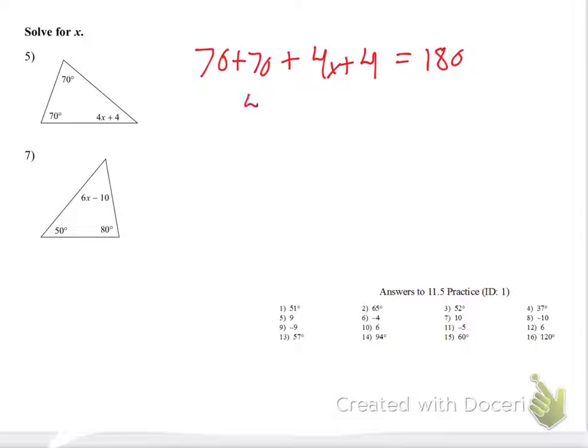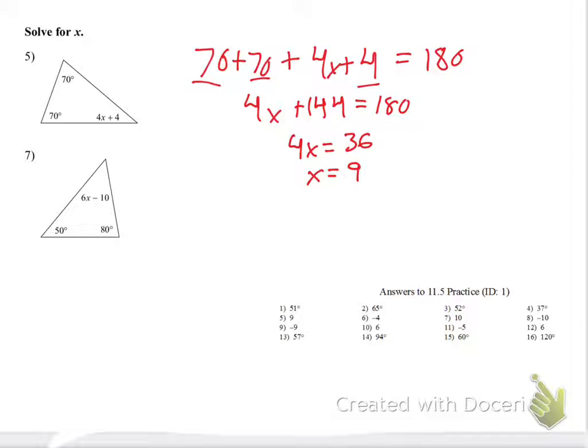So that would mean, I'm going to combine like terms, so I'm going to combine all the numbers. So that would be 144. So 4x plus 144 is equal to 180. Then what I'm going to do, 180 minus 144 is equal to 36, so 4x is equal to 36. X is going to be equal to 9.